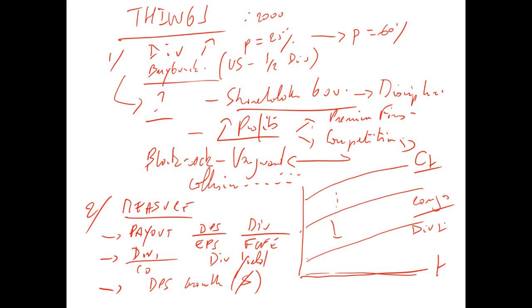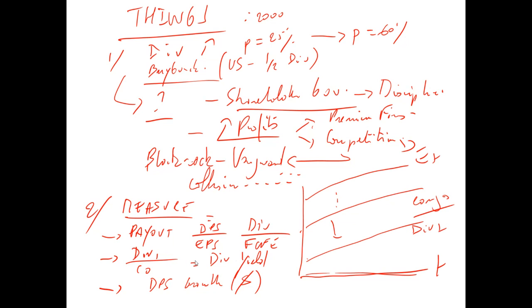Then it's easy to see that this is the market cap of the firm. If you do dividend over earnings, the payout will be stable. And if you do dividend over market cap, the dividend yield will be stable as well.